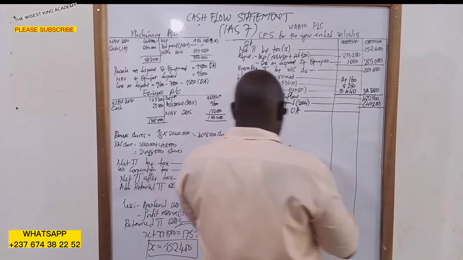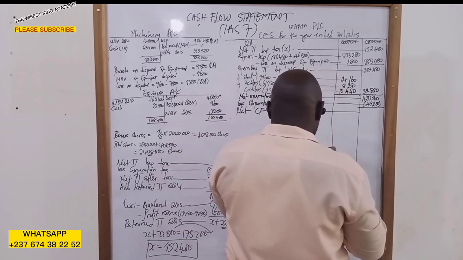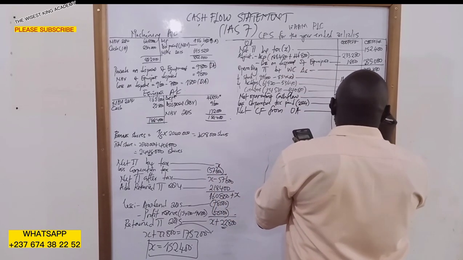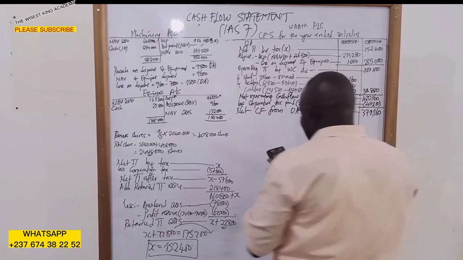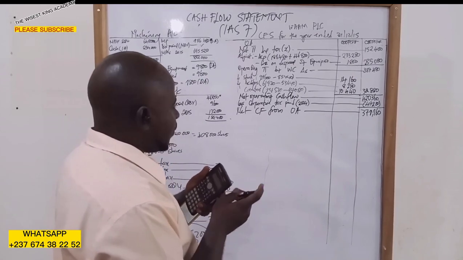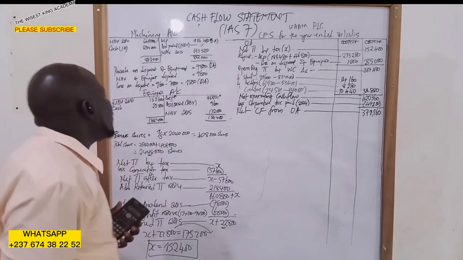So minus 49,200 is going to give us 371,160. That's our net cash flow from operating activities. Now let's go to investing activity.